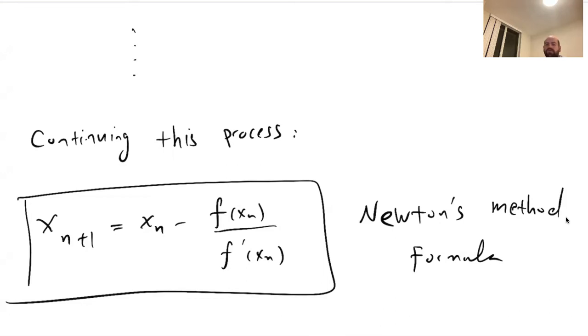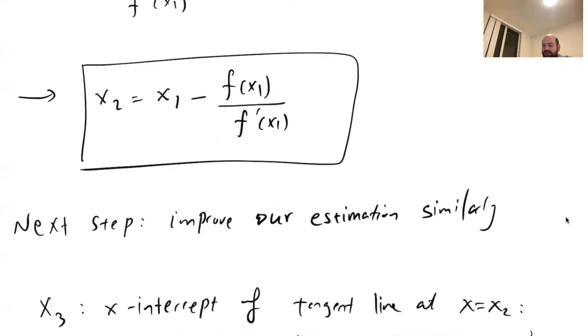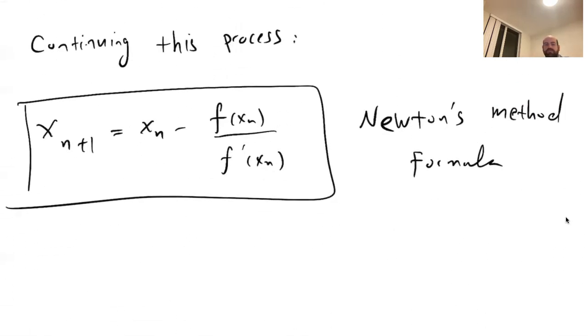Once you have x2, you can find x3. How do we find x3? Again, using the same formula. x3 will be found using x2. x3 will be x2 minus f of x2 over f prime of x2. Once you have x3, you can find x4, and so on. So this is called a recursive relation.